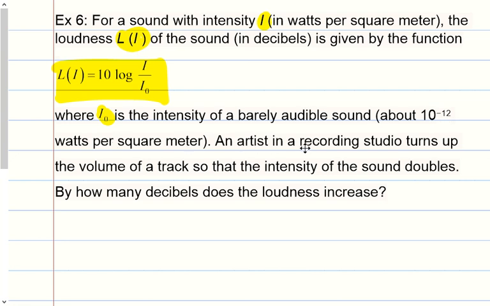An artist in a recording studio turns up the volume of a track so that the intensity of the sound doubles. By how many decibels does the loudness increase?